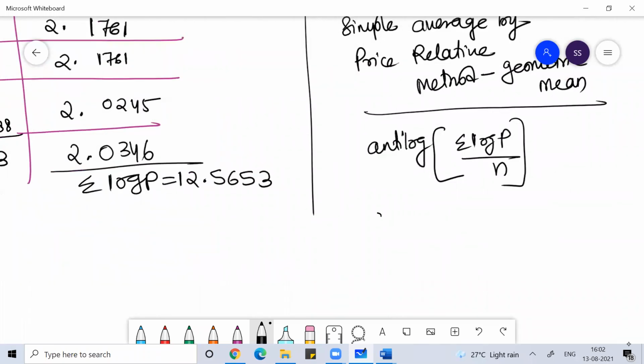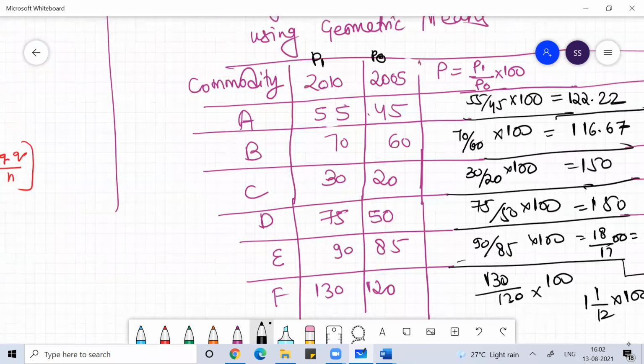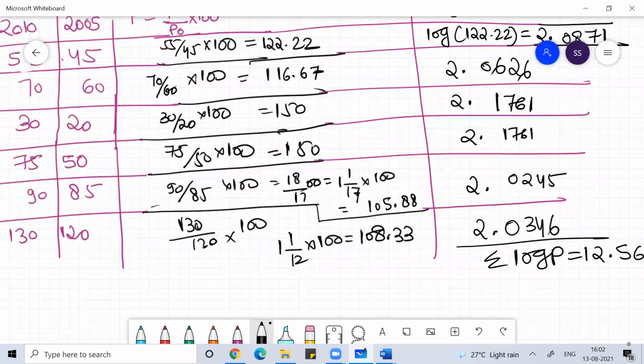So you can write the anti-log of sum of log P, 12.5653, by n. N is how much? N is 6.